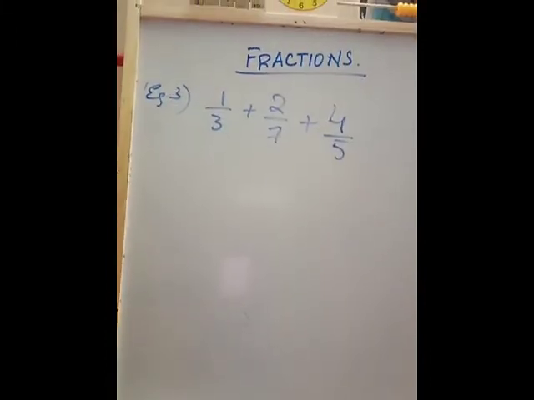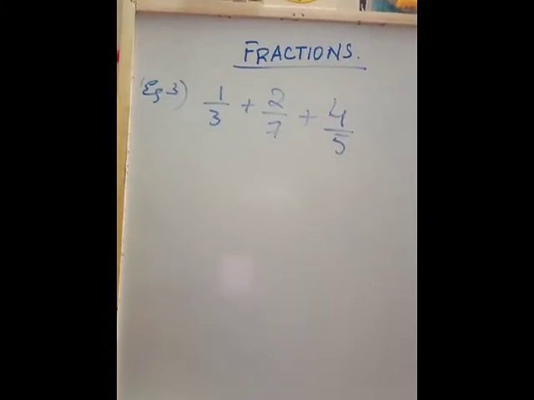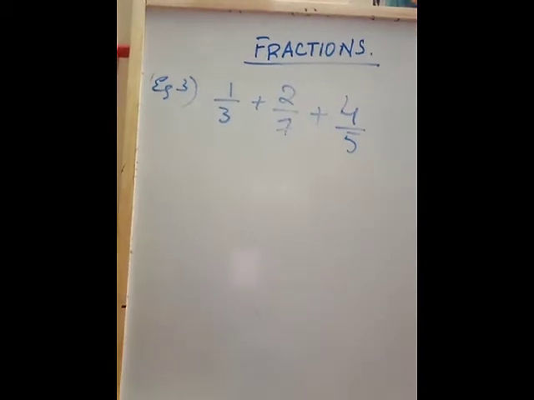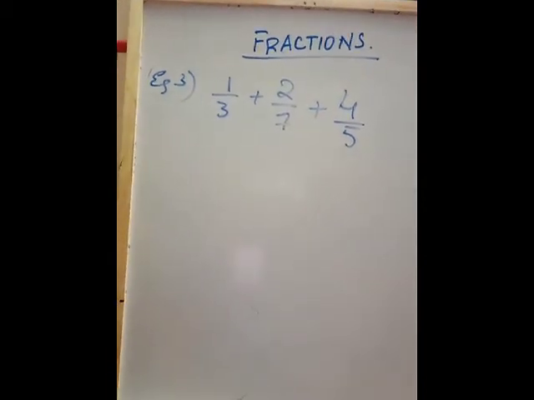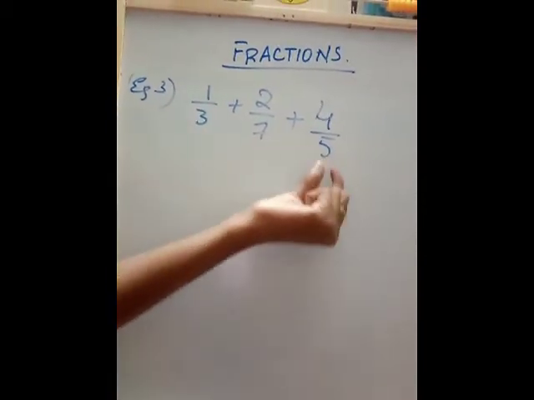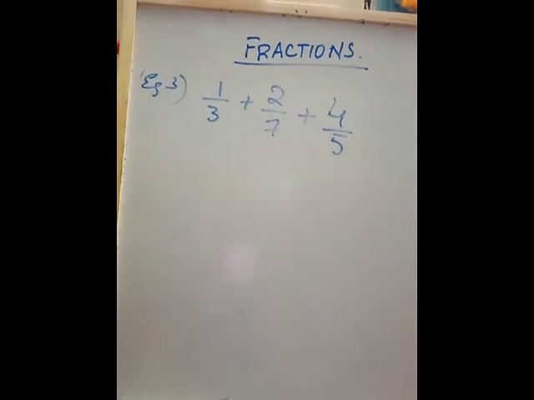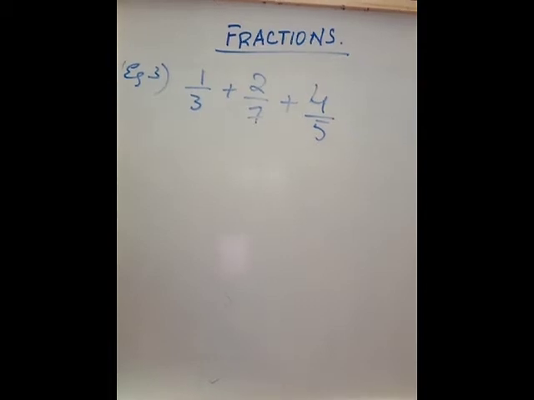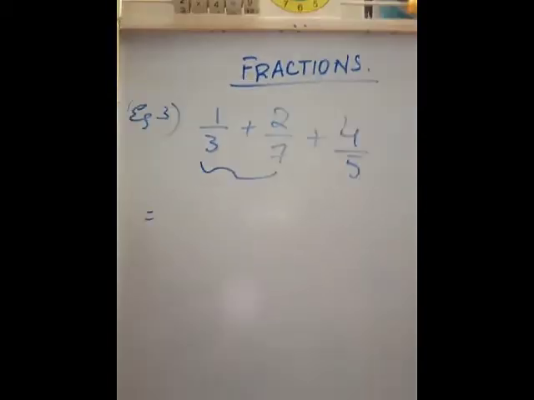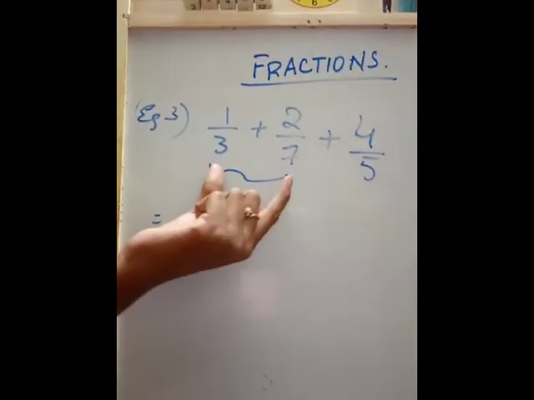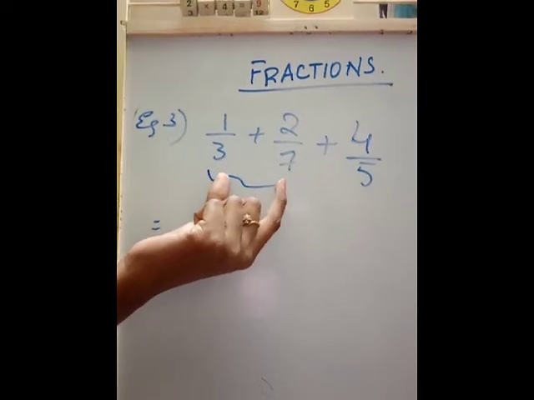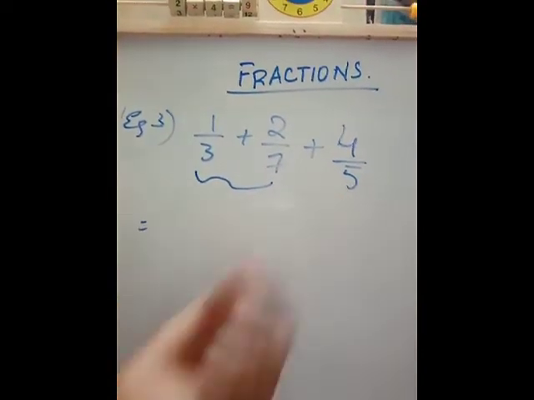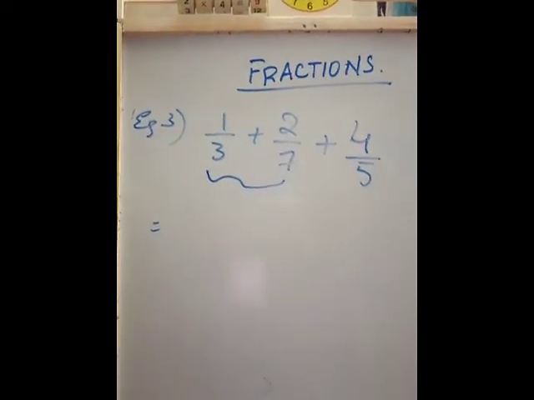Let us consider the next example. 1 by 3 plus 2 by 7 plus 4 by 5. Here you can observe all are having different denominators, so these are all unlike fractions. How to add this? First you add these two. With that answer again you add to this. That will be the easiest way.